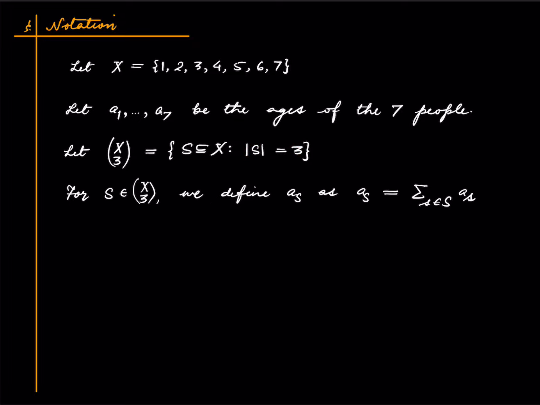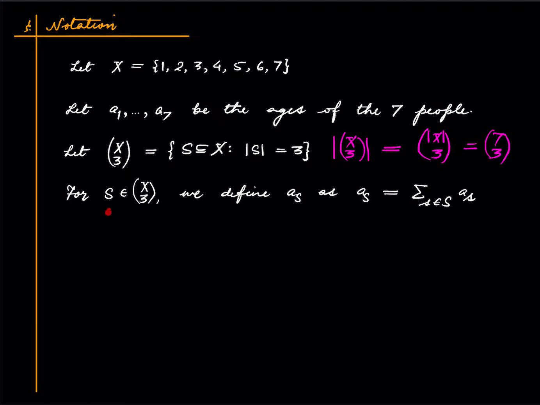So clearly the size of X choose 3 is a number, which is 7 choose 3. Mod X is the cardinality of X. So the size of X choose 3 is a number, but X choose 3 is not a number.